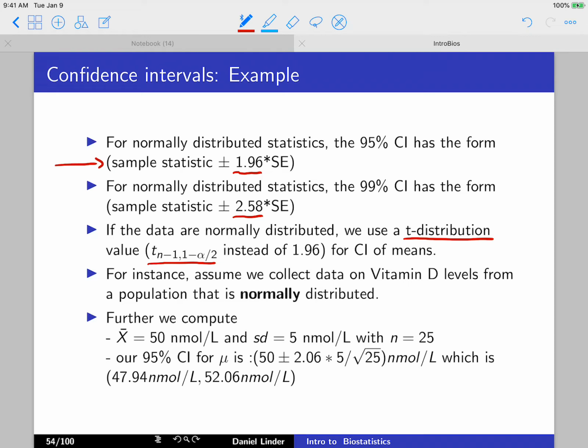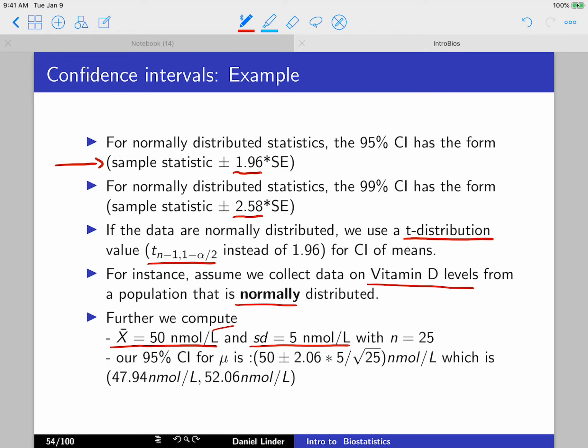So we're going to assume that we collected data on vitamin D levels from a population that's normally distributed. So we're assuming that this population is normally distributed. Okay, after computing the data and running some numbers, we wound up with a sample mean of 50 nanomoles per liter with standard deviation of 5 nanomoles per liter.